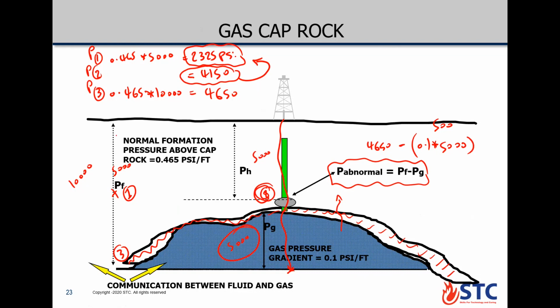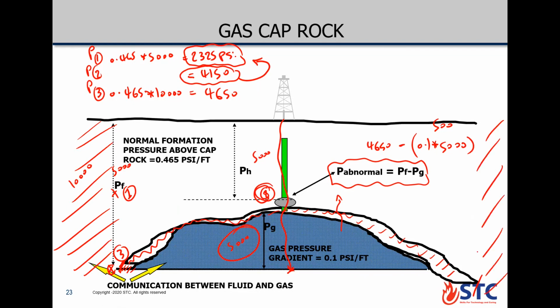Let's say here is the normal pressure. The end of the gas cap is here in this area. So this formation is normally pressured. If we have a formation here, it's normally pressured. Then we have here the gas cap rock area. Then at the end here, the formation pressure is normal. So the issue is in the middle.